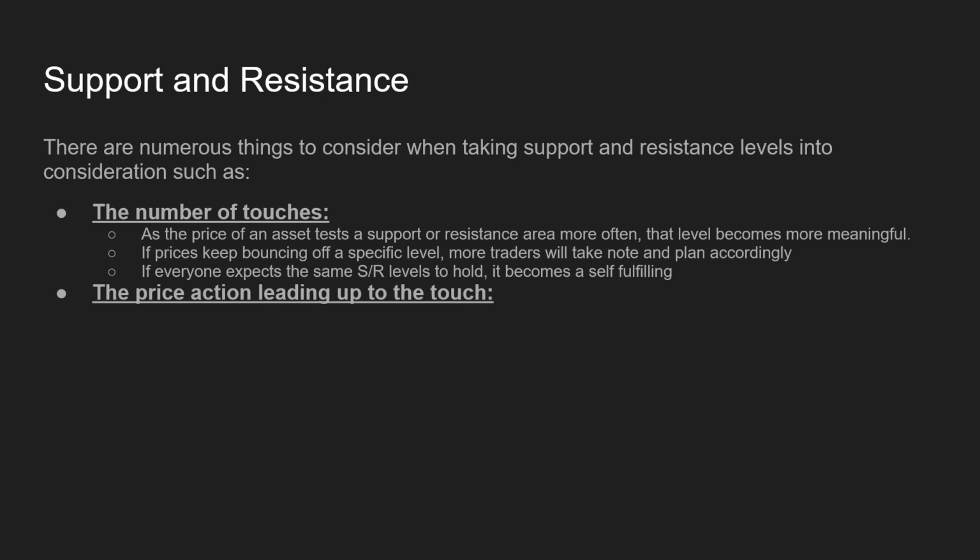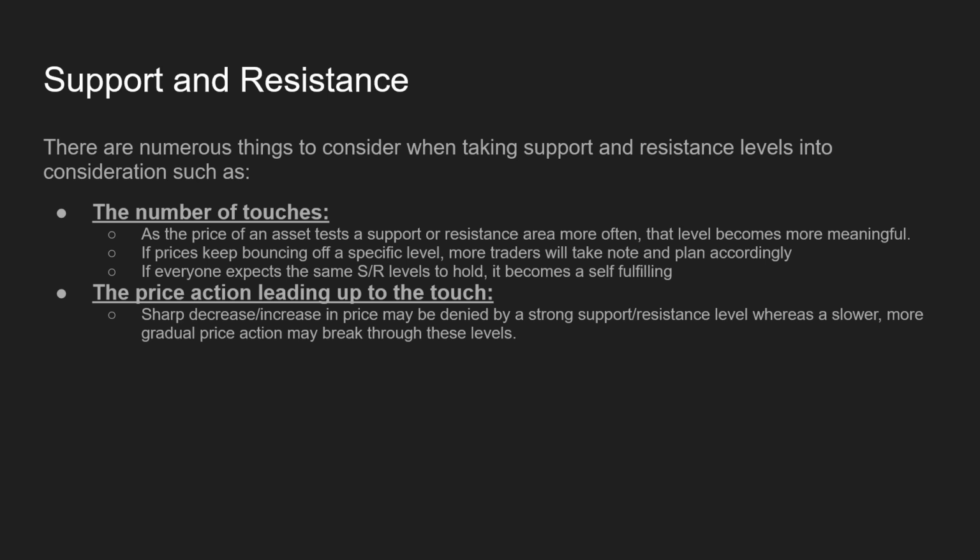We also want to consider the price action leading up to the touch. So what was happening leading up to that particular rejection from the upside or downside. Any sharp decreases or increases in price may be denied by a strong support or resistance level, whereas a slower, more gradual price action may break through these levels.